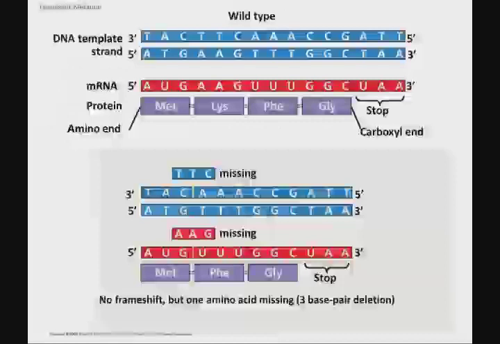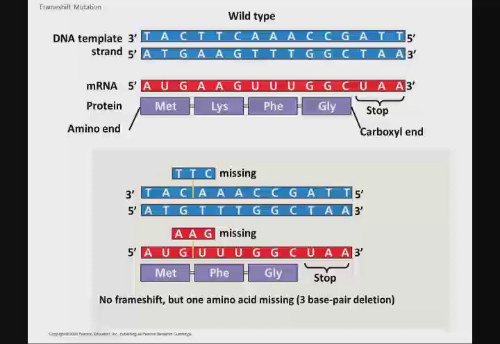So additionally, you can cluster frame shift mutations. So if you were to get rid of 3 nucleotides in a row, you're going to maintain the frame, but you've lost a whole amino acid. So in this case, you've removed the TTC. Now, you can also see this as you get an insertion or a deletion, and you may get another, let's say go with deletions. You get a deletion somewhere near the beginning of the protein, and let's say 5 nucleotides down, you get another deletion, and then another 10 nucleotides down, you get another deletion.